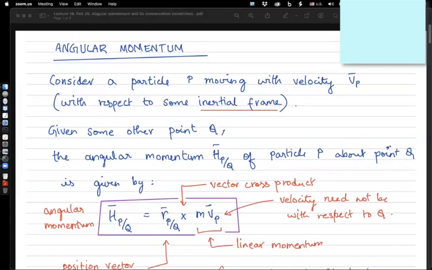Okay, we have a point P, and it's moving in some direction and its velocity is Vp. And we have some other point Q somewhere else, okay?